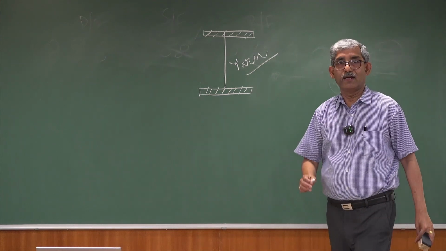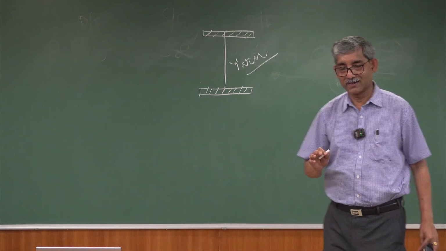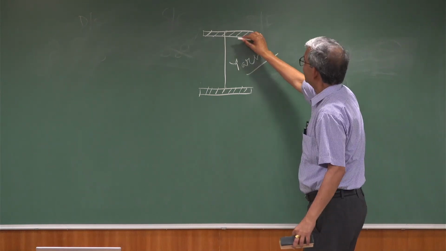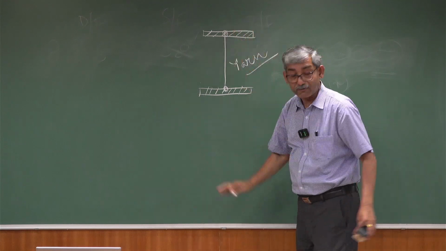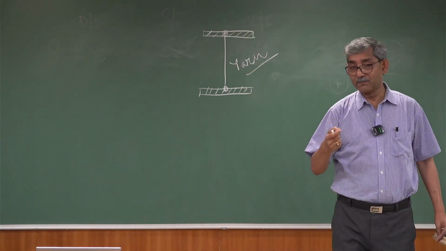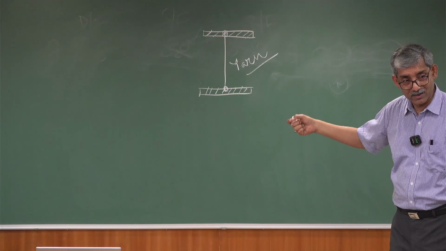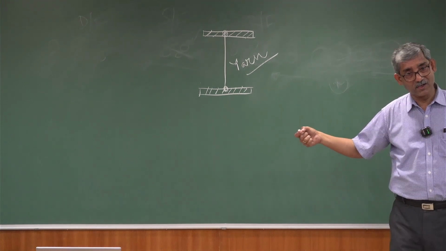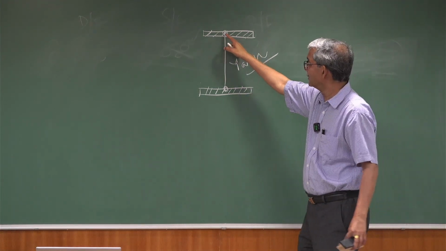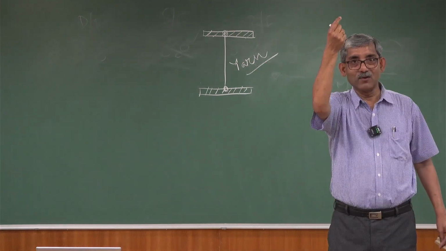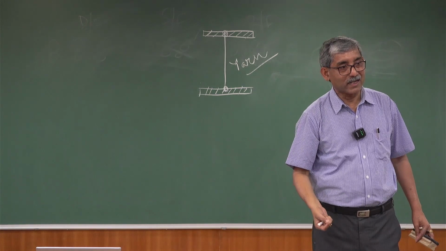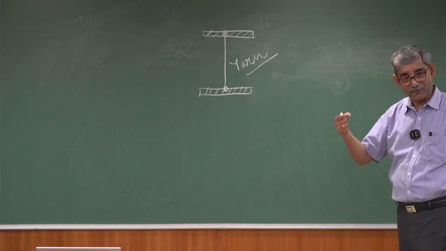If the operator is not careful in fixing the material in the jaw properly, and the jaw is loose, what will happen? The material will start slipping. You will get an altogether different result.